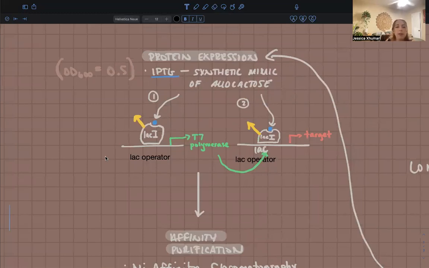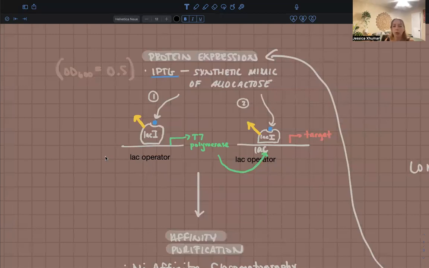So the IPTG induces two separate things. First, it induces the T7 polymerase gene to be transcribed and translated into the T7 polymerase itself, because we need the T7 polymerase to then go ahead and read our target gene.